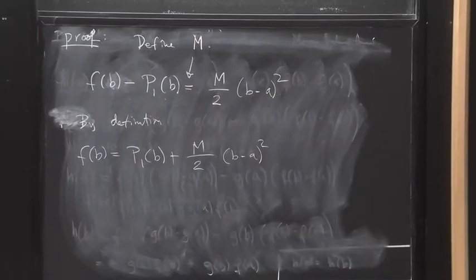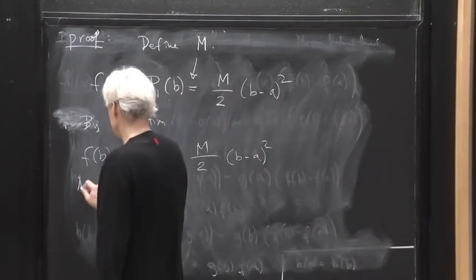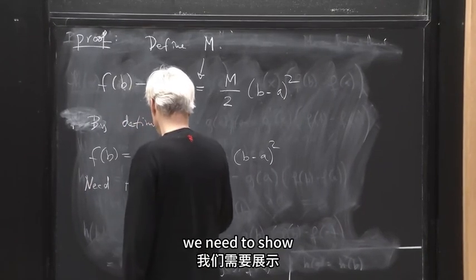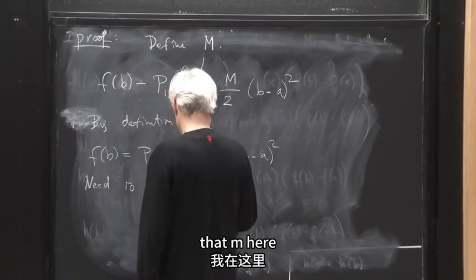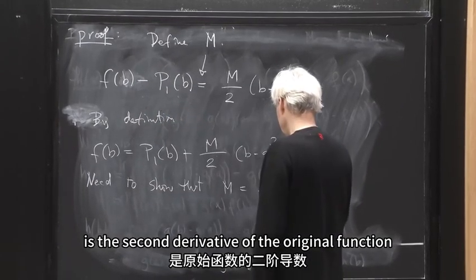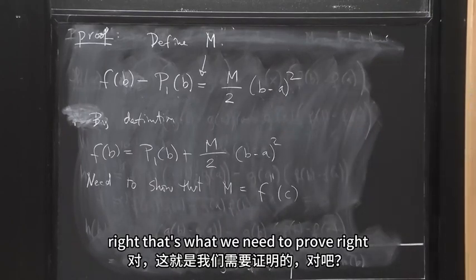But we need to show that M here is the second derivative of the original function at some intermediate point. That's what we need to prove.